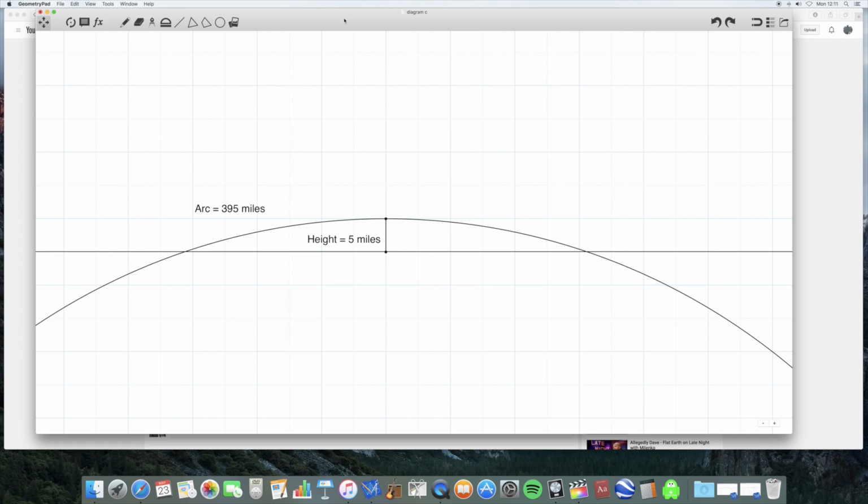So once again, let's compare this to a meter, 1,000 millimeters. Well, this means that the height here would be 1.2 centimeters. 1.3 centimeters.